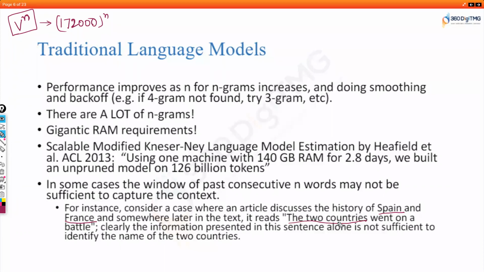The two countries here mean Spain and France. But since this information, which was given in the first paragraph, was not stored in memory, when the reference to the two countries appears in the 10th paragraph, your model will not recognize that the two countries being referred to here are Spain and France. That reference does not exist.